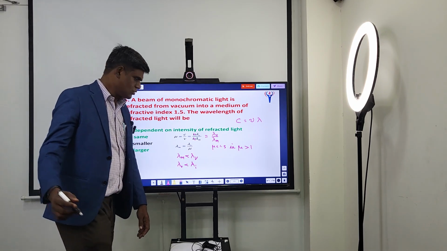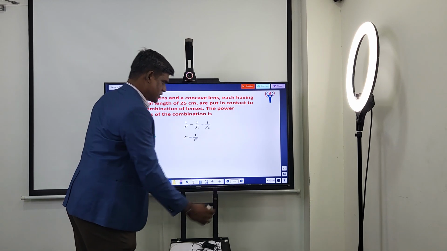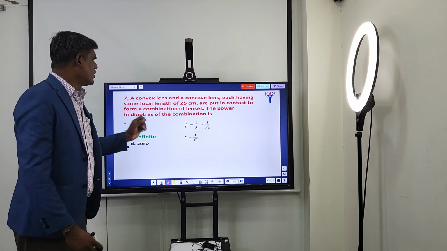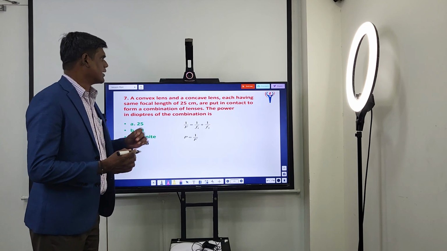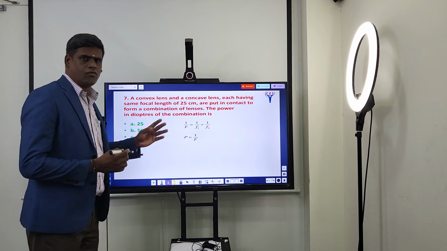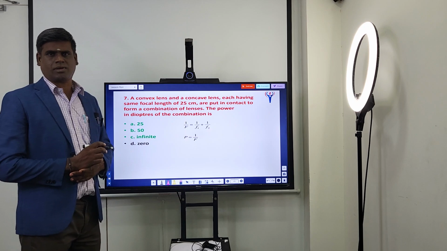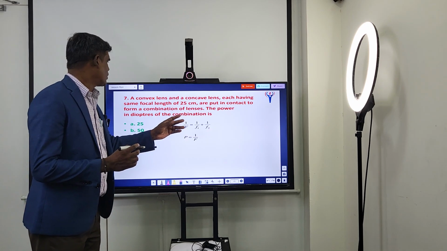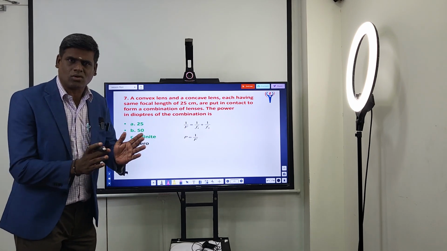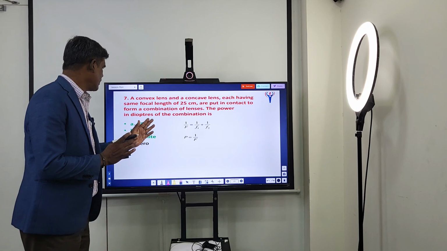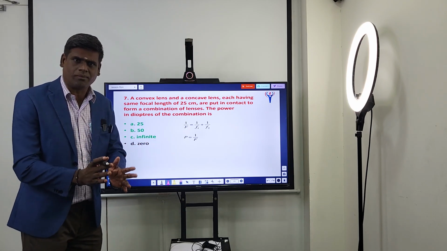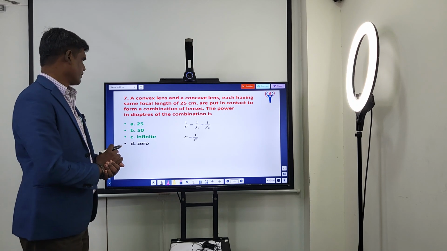Okay, let's move to the last question, the 7th question. A convex lens and a concave lens, each having the same focal length of 25 centimeter, are put in contact to form a combination of lenses. The power in diopter of this combination is dash.